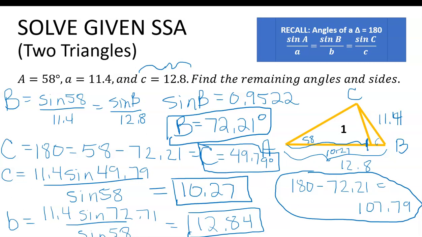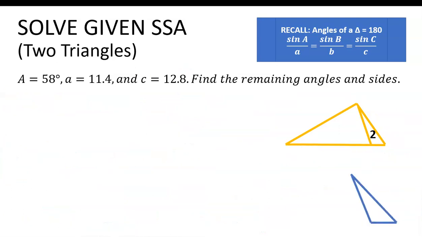So this is half of it. Now let's do the other half. This one's triangle 2. What I did for you is draw triangle 2 a little bit bigger at the bottom.